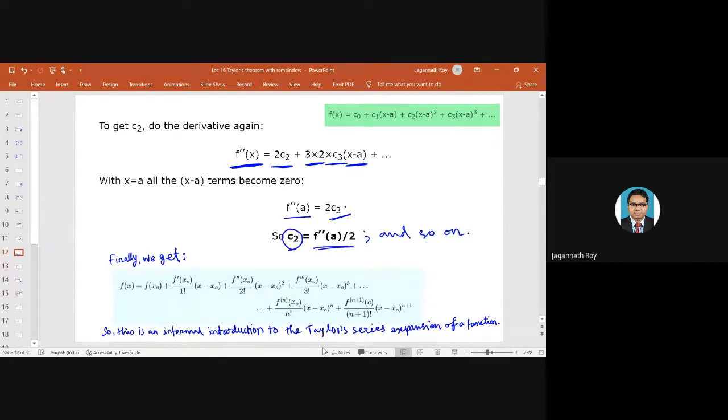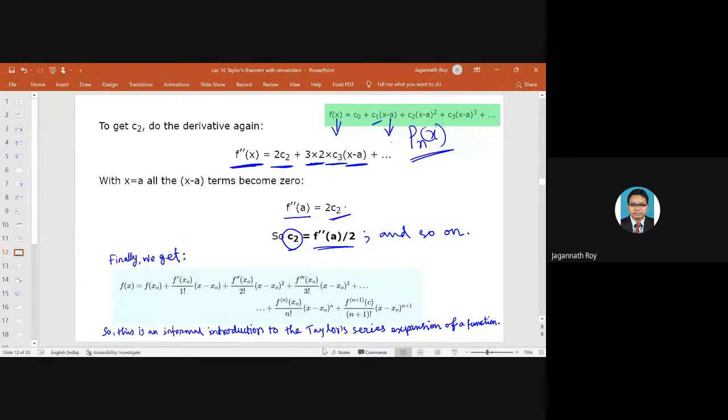So this is the approximation by the polynomial Pn(x). This polynomial will be known if you know c0, c1, c2, c3 and so on. So what we are doing is trying to find the coefficients, because x is our variable, f(x) we have to find, and a will be given.